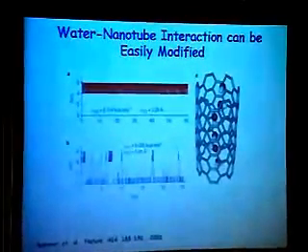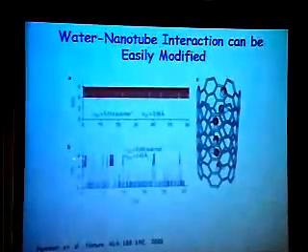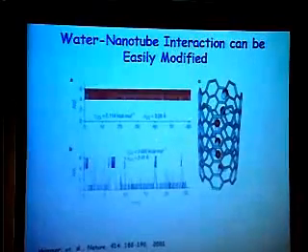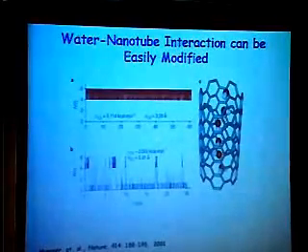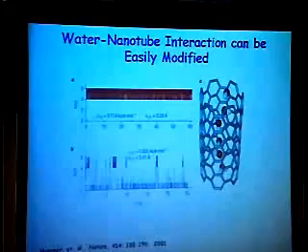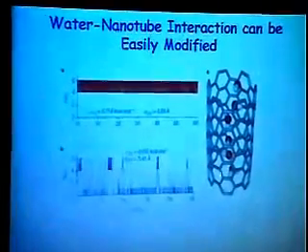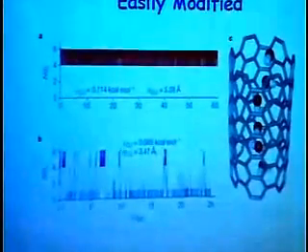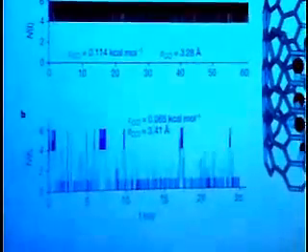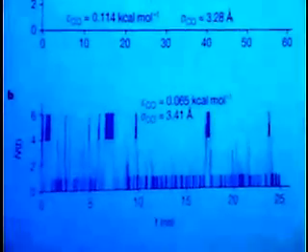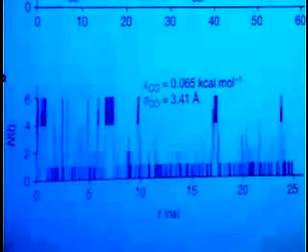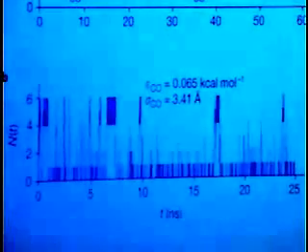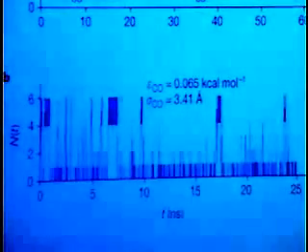Then you can significantly influence the occupation of the channel. Then there is no strong interaction between water and carbon that can stabilize water and attract water to the inside of the tube. So again, this is something that you are going to do this afternoon yourself. You are going to play with the parameters, change them, and see how water molecules behave inside the nanotube.